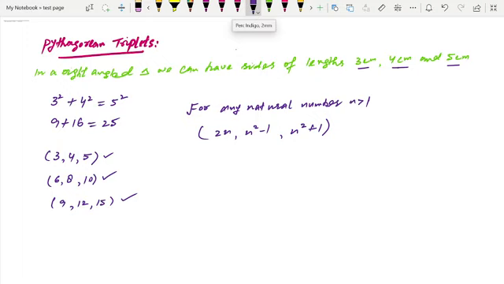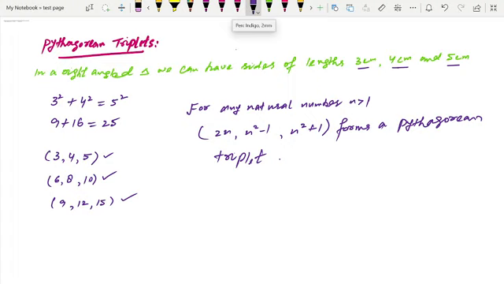This forms a Pythagorean triplet. This is the general form or general notation or formula for a Pythagorean triplet.